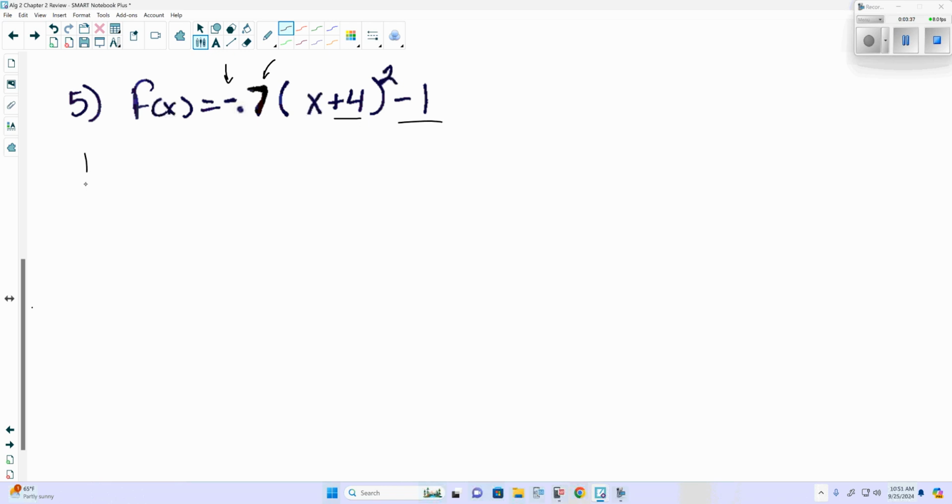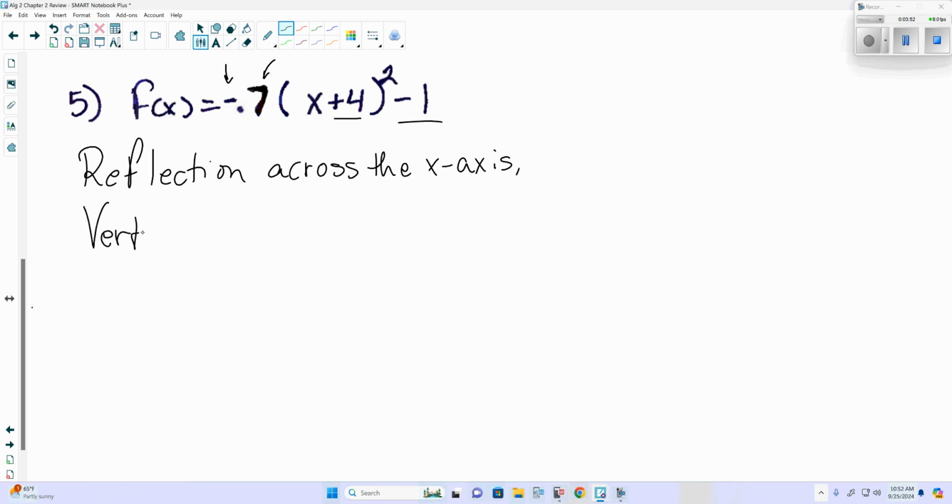The negative is telling us that we have a reflection across the x-axis. The 0.7 in front of it does tell us that we have a vertical stretch or shrink. It would be a vertical shrink because 0.7 is indeed between 0 and 1.